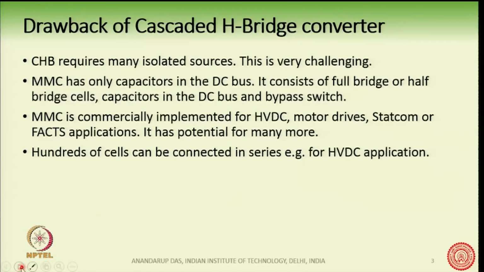For example, we can connect many low voltage devices in series or in cascade and reach a very high voltage. By using proper PWM techniques, we can achieve a nice sinusoidal waveform at the output. There was also a fault tolerant feature: you can bypass one of the faulty cells and still run the converter.